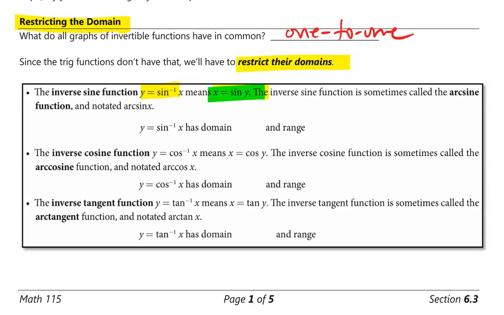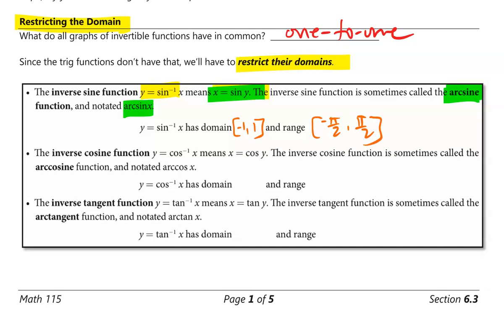The inverse sine function is sometimes called the arcsine function and notated by arcsine of x. So the inverse sine function of x has a domain of, yes, from negative 1 to positive 1, and the range of from negative pi over 2 to pi over 2.